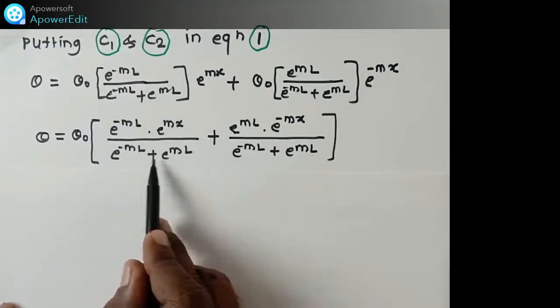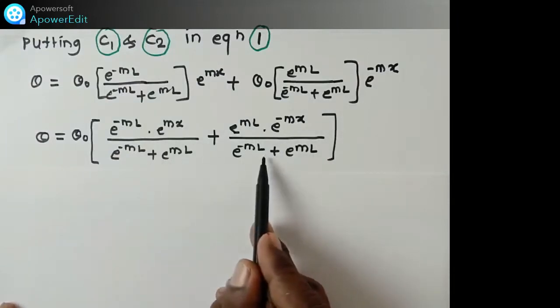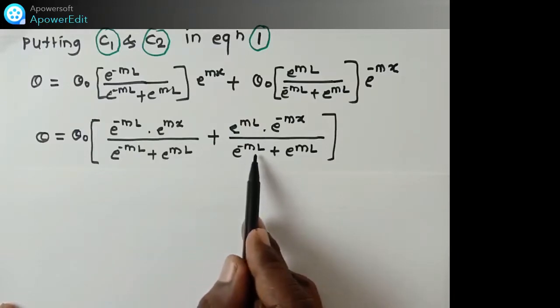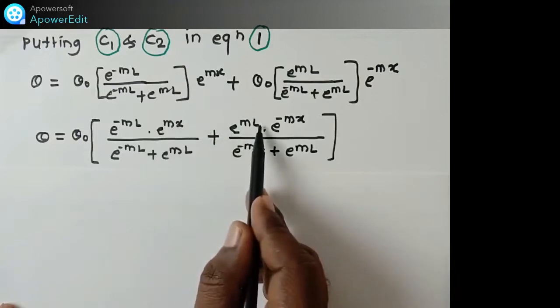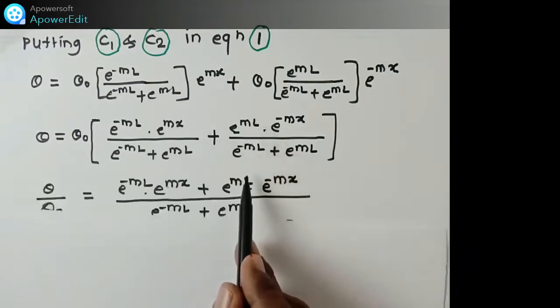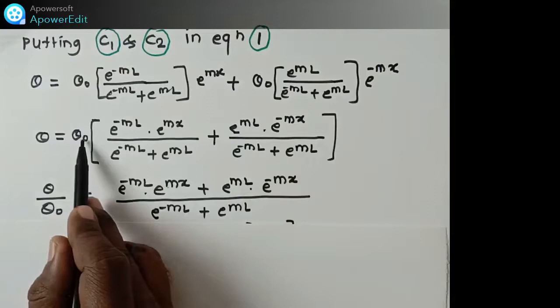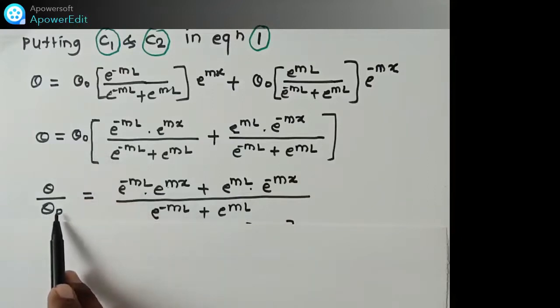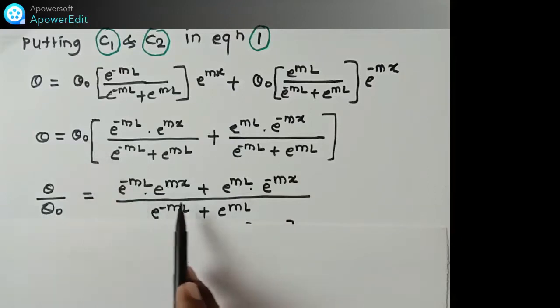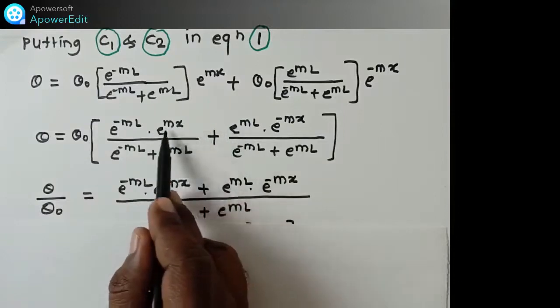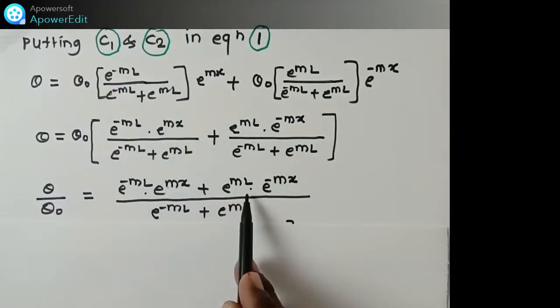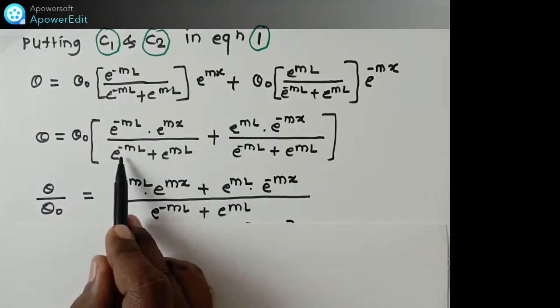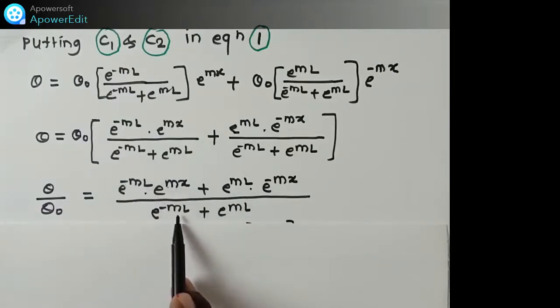If you observe, the denominator is the same in both expressions. So we can take the summation of these upper terms. Then we can take this theta 0 on the left side. So theta upon theta 0 is equal to the sum of these upper terms divided by this common denominator, e raised to minus ml plus e raised to ml.